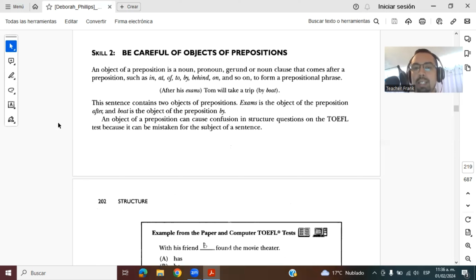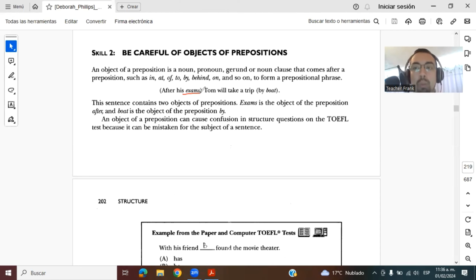Because in this case, we can have a parent noun subject, right? So we can say, oh, that is the subject, right? Like in this example, after his exams, right? And we can say, oh, exams is the subject because the subject is always first.